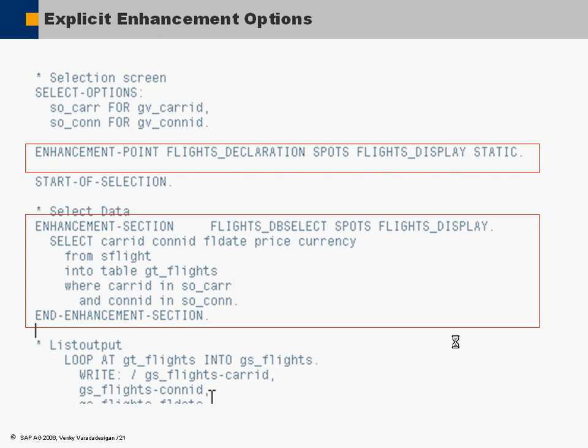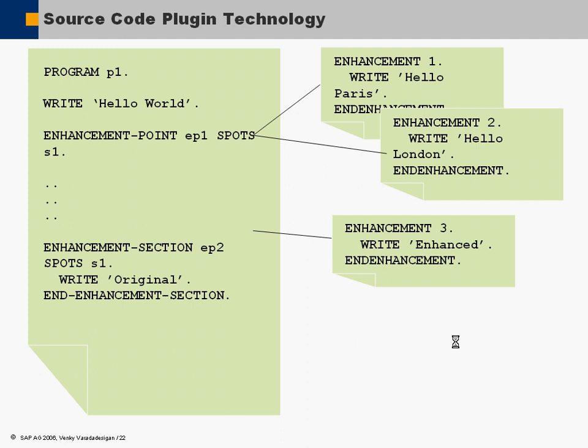And for this reason, you can have only one active implementation of enhancement section, whereas you can have any number of active implementations of enhancement point, and all those implementations will be executed if you have multiple implementations for enhancement point. And this is called source code plugin technology by implementing the explicit enhancement points.